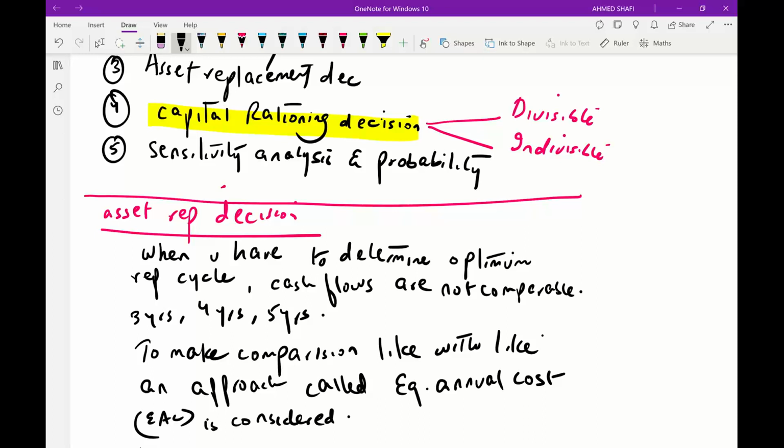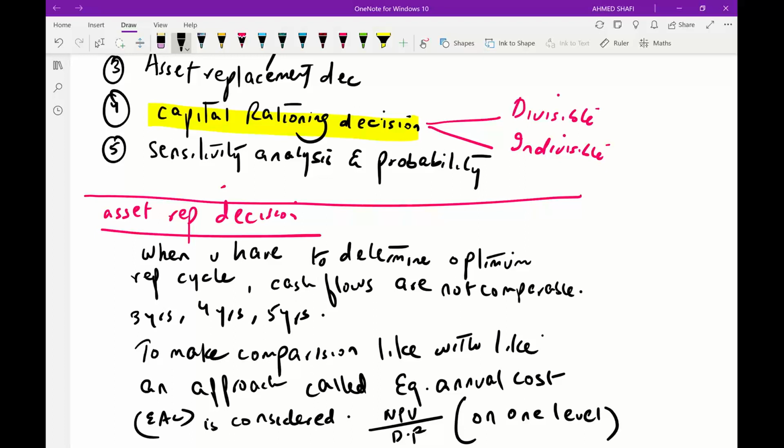What EAC does is, EAC is NPV over discount factor. It brings options of varying lengths onto one level. Options of varying lengths means one option is of 3 years, one is of 4 years, one is of 5 years, one is of 2 years. So all these separate options are not comparable.